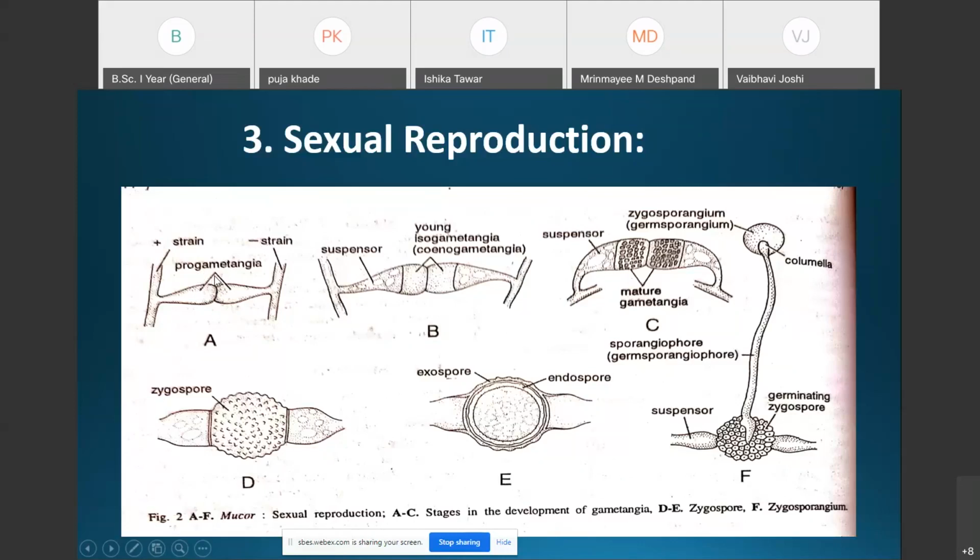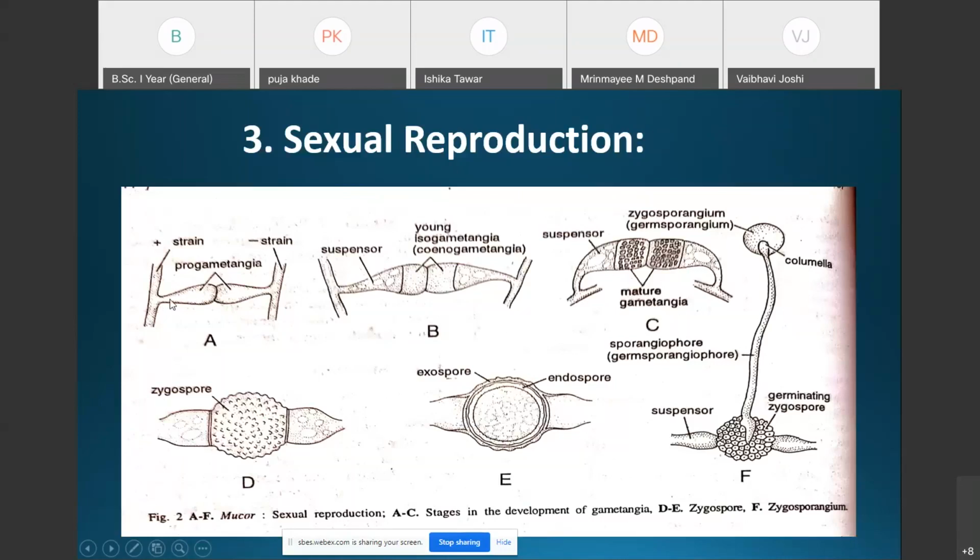The tips of these hyphal branches come close to each other and develop into the progametangia. They touch each other, and these structures are called progametangia. A large number of nuclei along with abundant cytoplasm move from the hyphae into the progametangia.